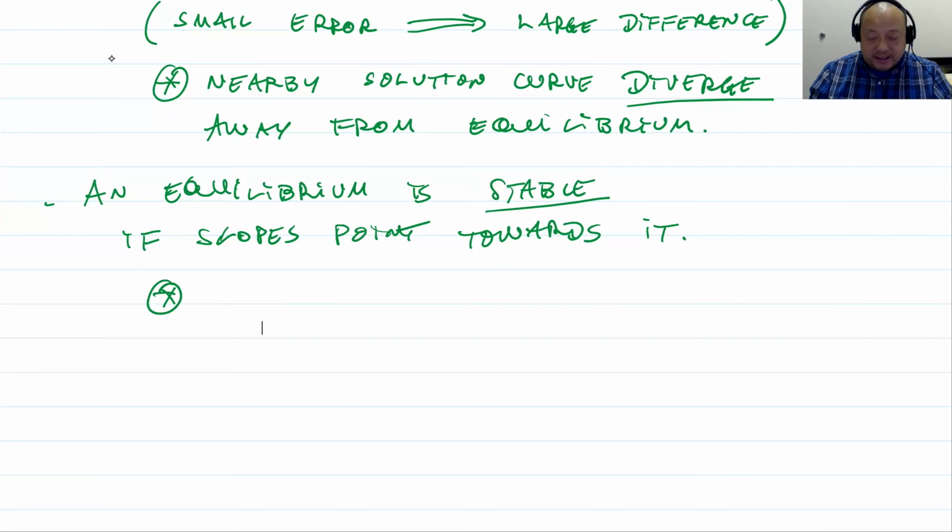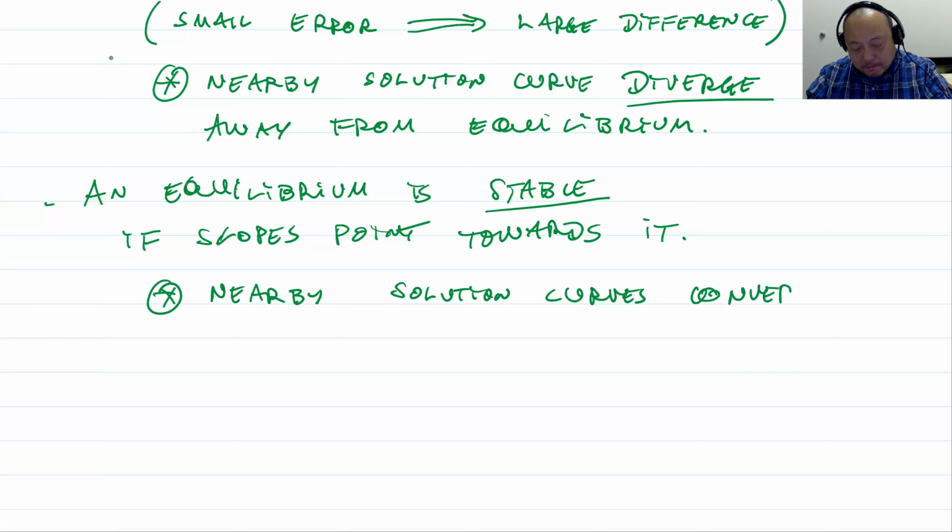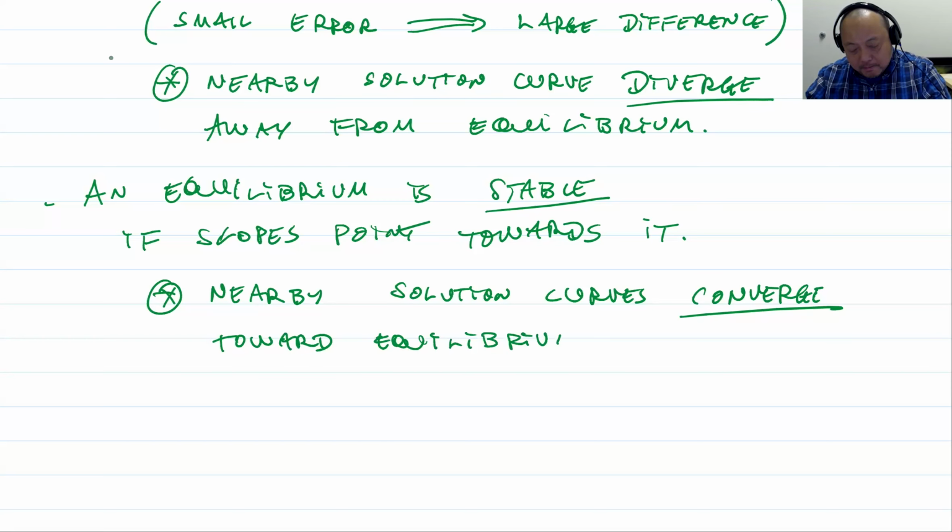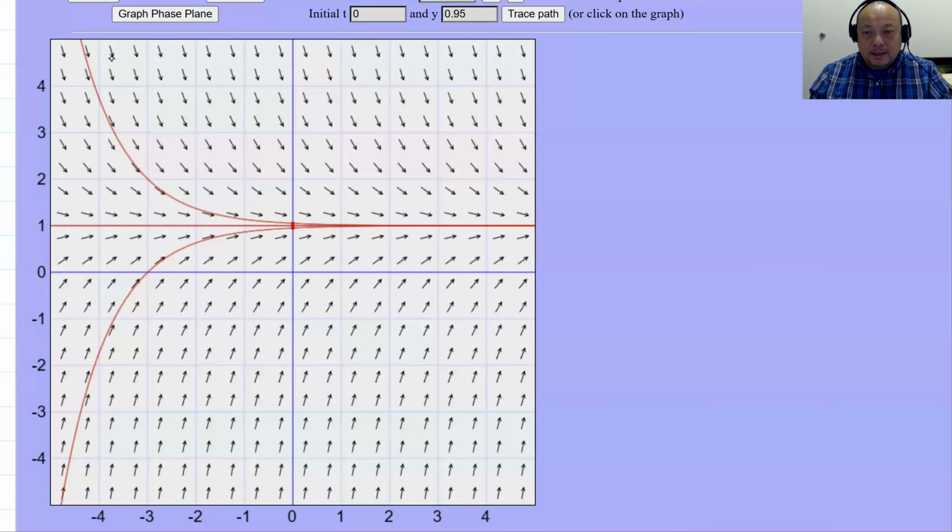An equilibrium is stable if the slopes point toward it and the nearby solution curves converge into it. Then it's considered to be stable because if we're off by a little bit, we fall back in.